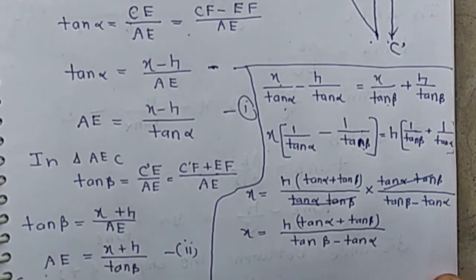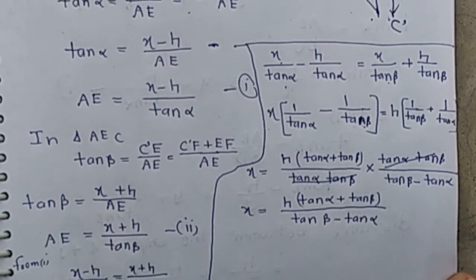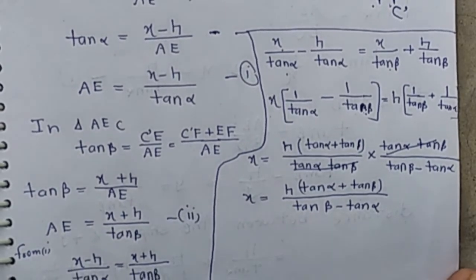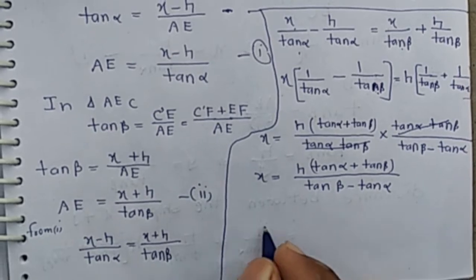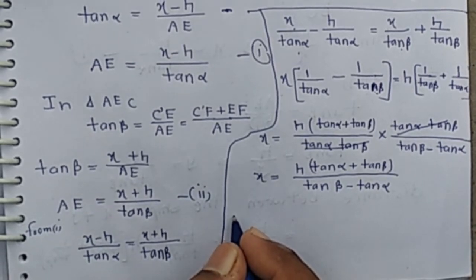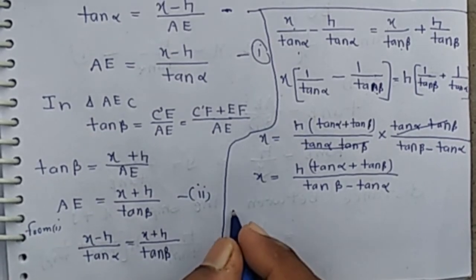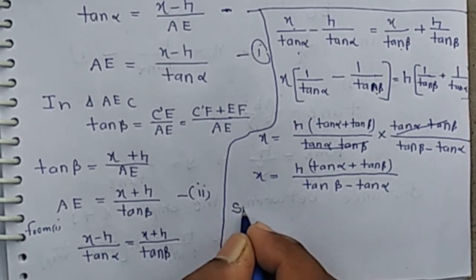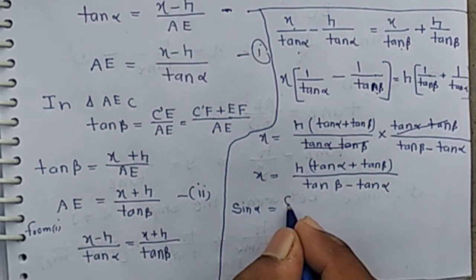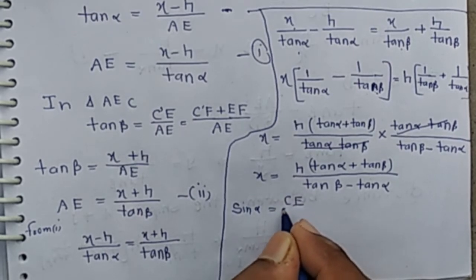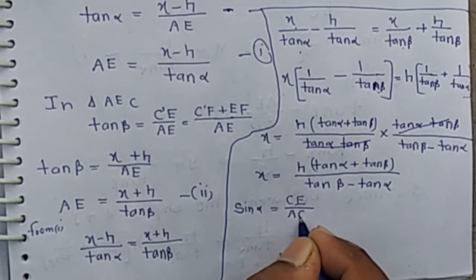Now we have to find the value of AC. AC is obtained by sin alpha, which is CE by AC.